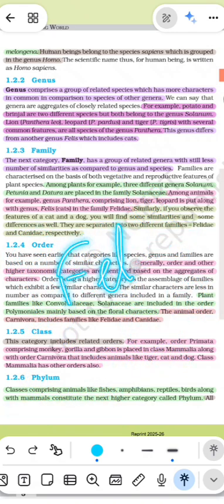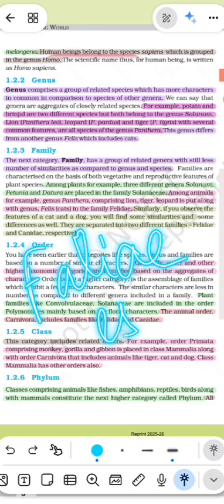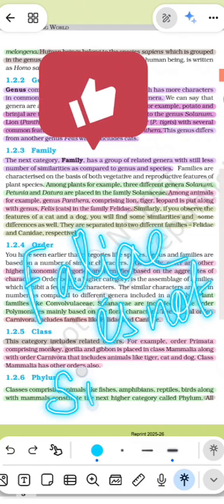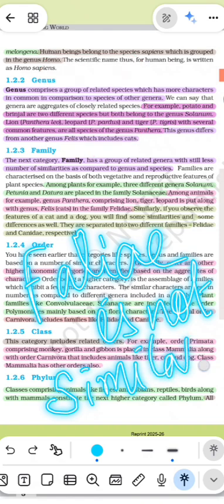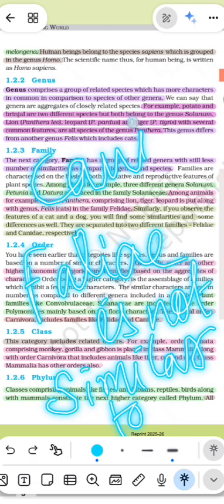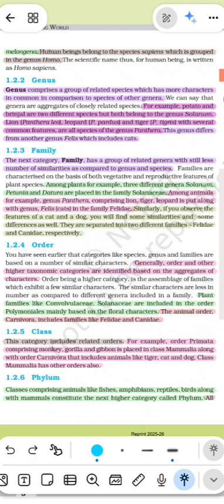But Felidae is not similar to Canidae. Canidae and Felidae are not similar.